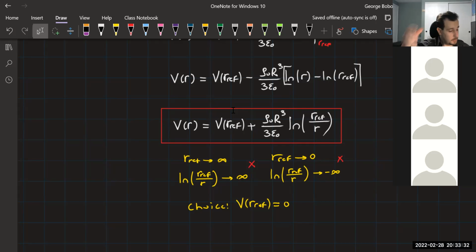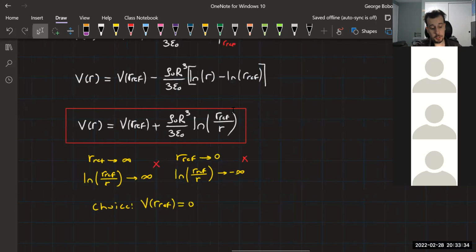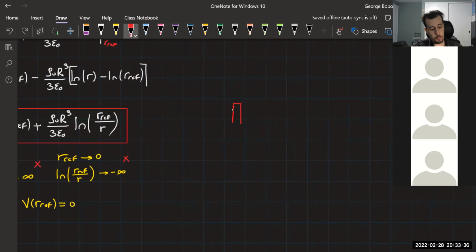So let me explain again how these things work. You have the water bottle, and you're trying to measure its height. What is this height? You can use the floor, and the water bottle from the floor is going to be some distance, let's say h. So what's this position here?